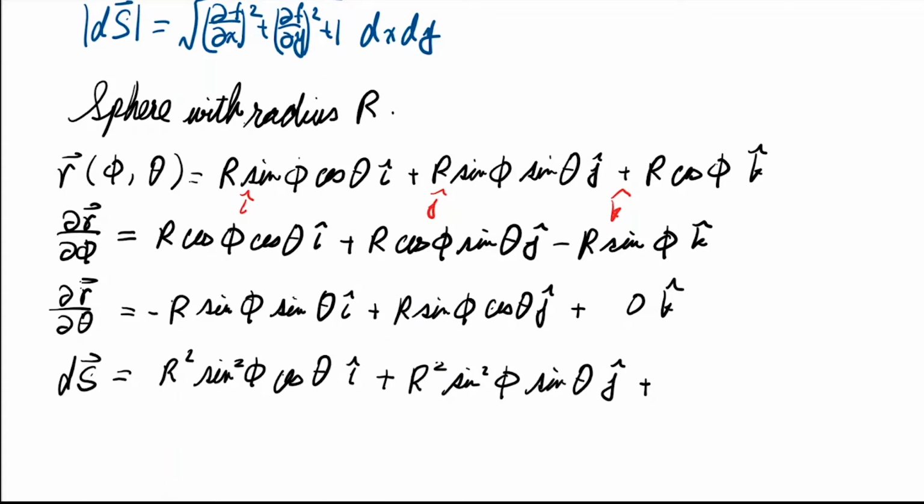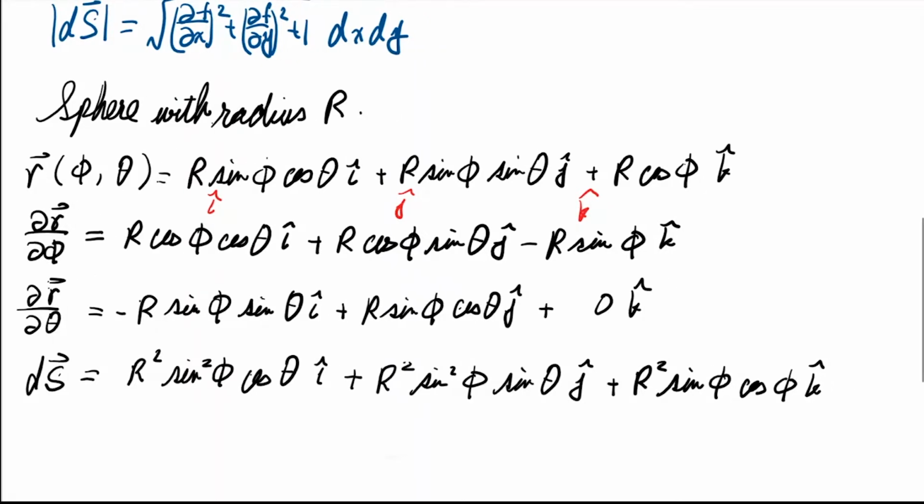Do you see that sine squared plus cosine squared gives you 1? So we'll have r squared sine phi cosine phi k vector. Good? Say yes. And not to forget this with d phi and d theta.